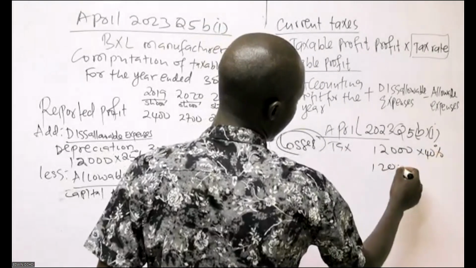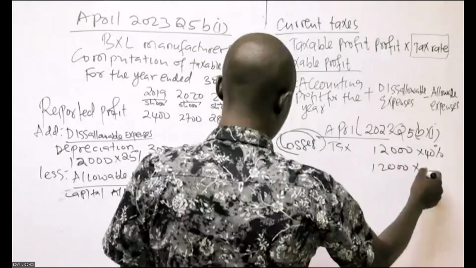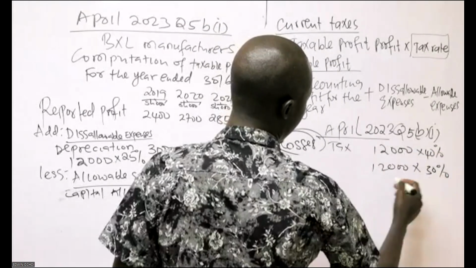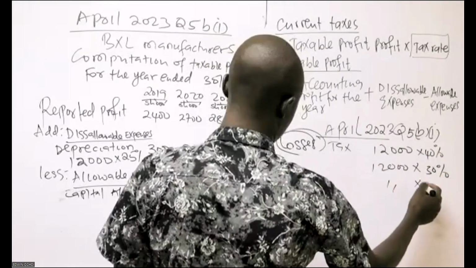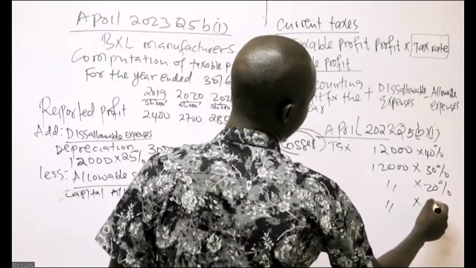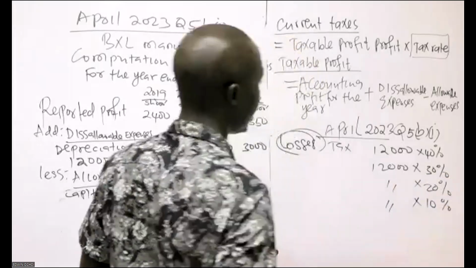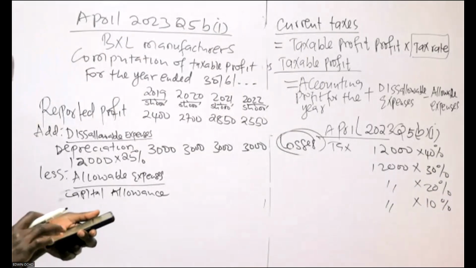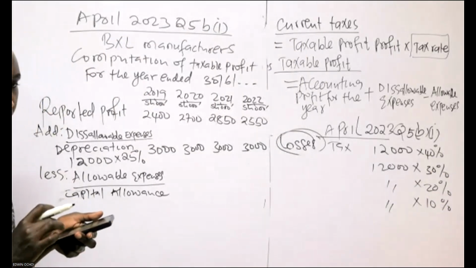The next year we say 12,000 times 30%. The third year times 20%. And the last year is times 10%. Have you done that? So the first year you are getting 4,800.